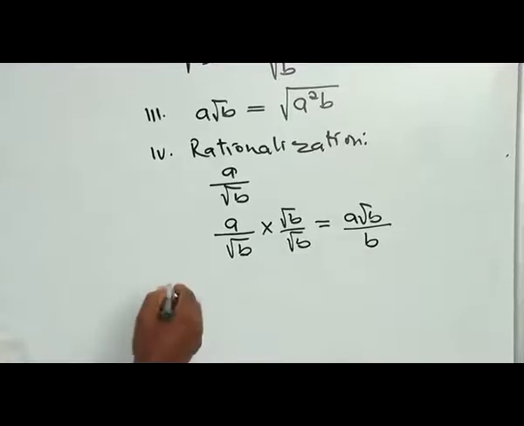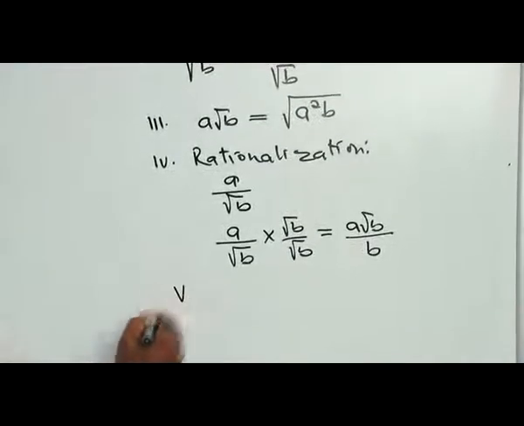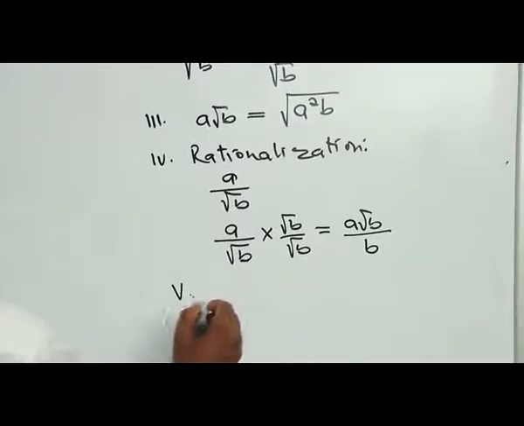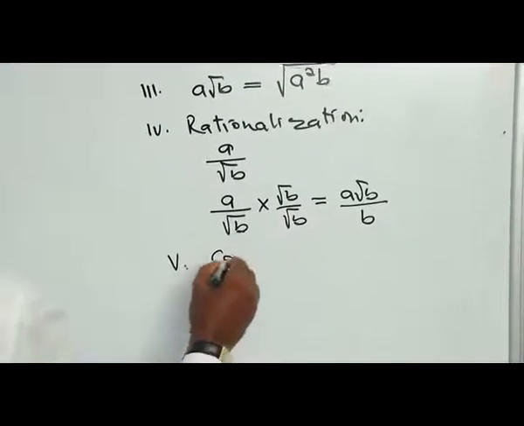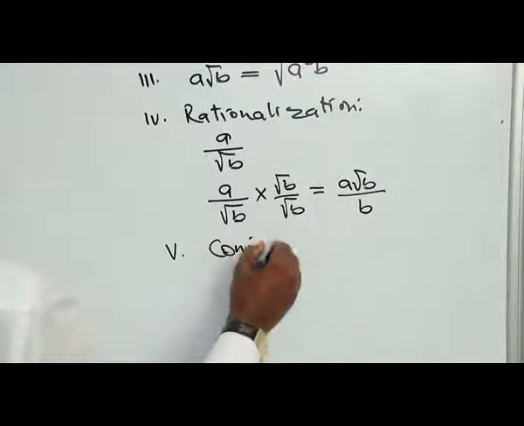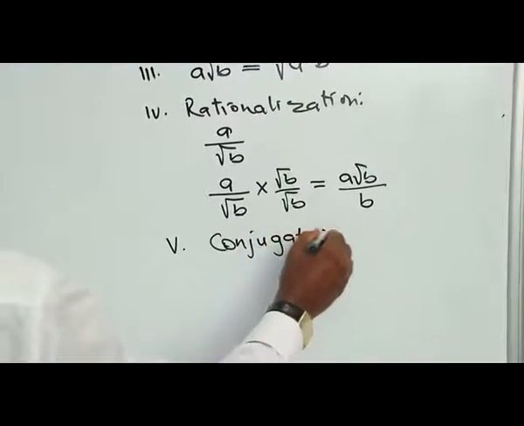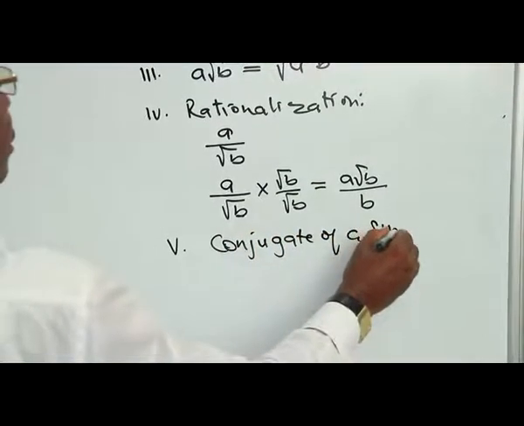Rule number 5, we talk about the conjugates of a surd.